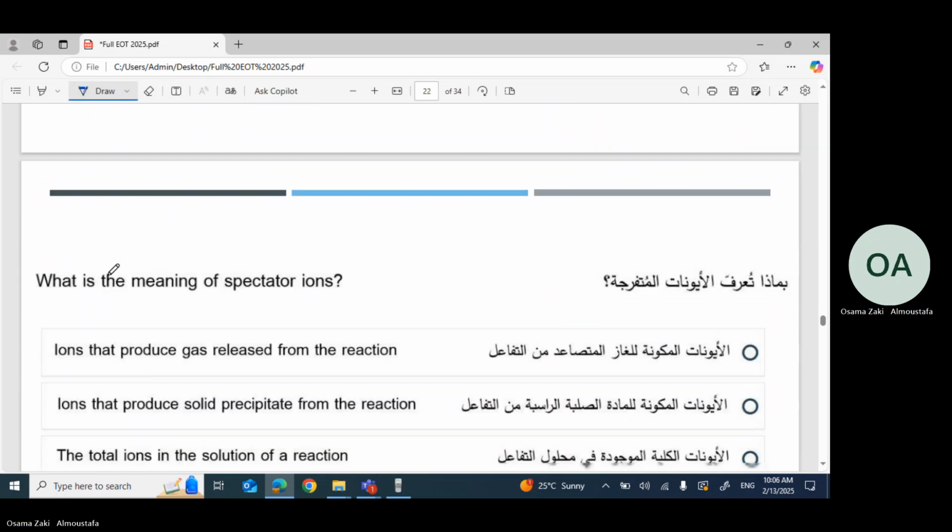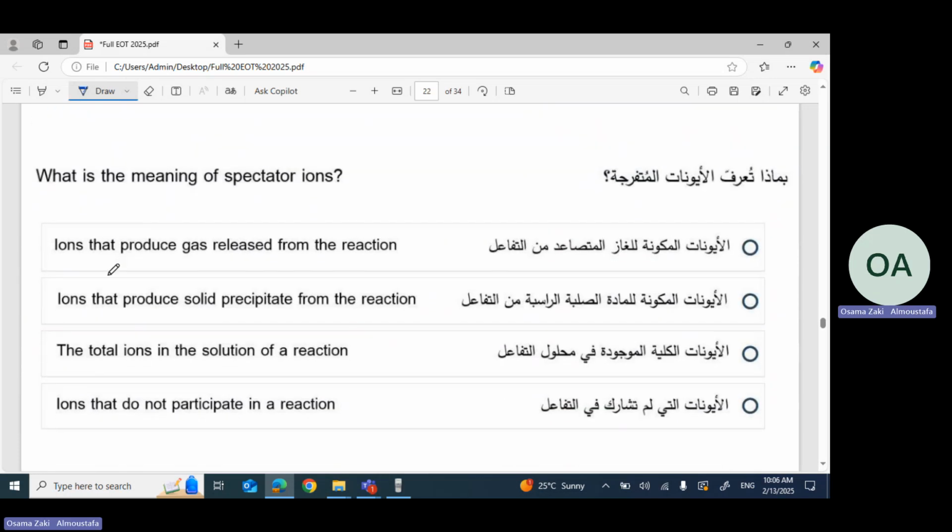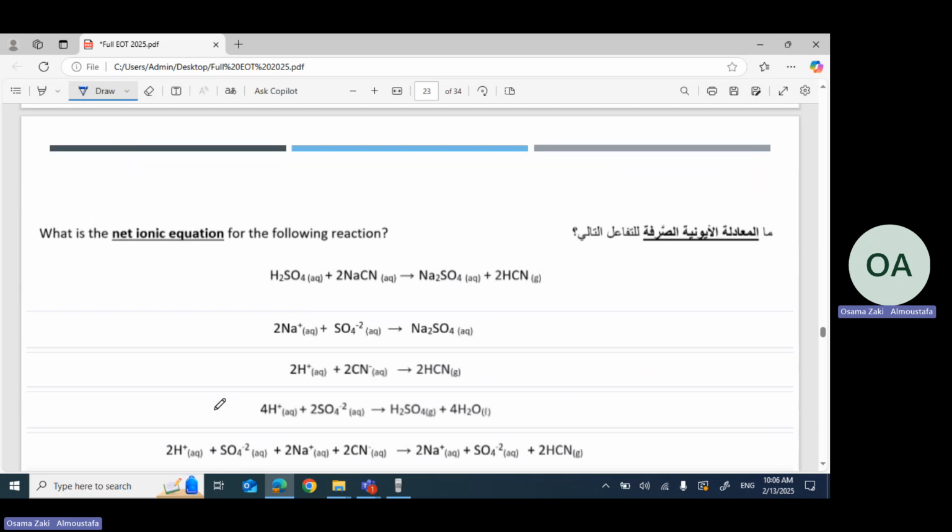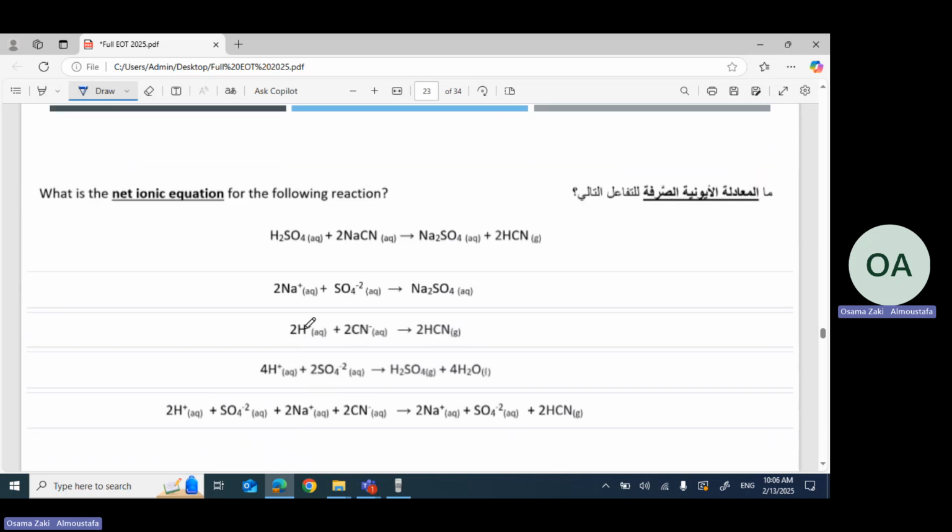Okay. What's the meaning of the spectator ions? Spectator ions that don't participate. Okay. Ions that don't participate in the reaction. What is the net ionic equation? We'll follow the same process. We will look for the solid or liquid or gas in the products. Okay. So this is the gas. So break it down.